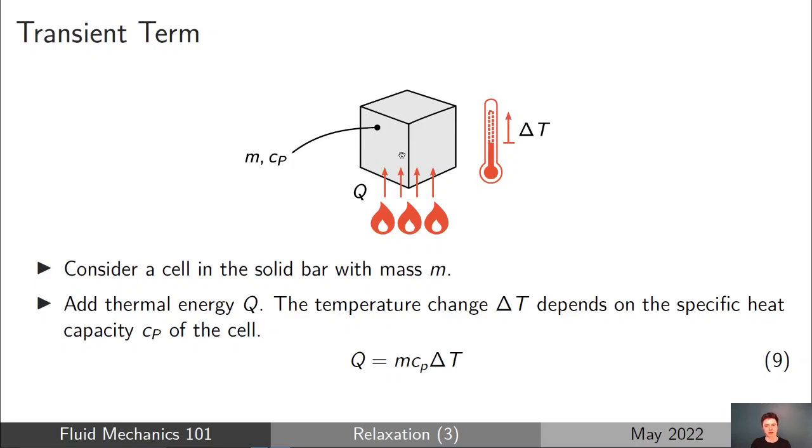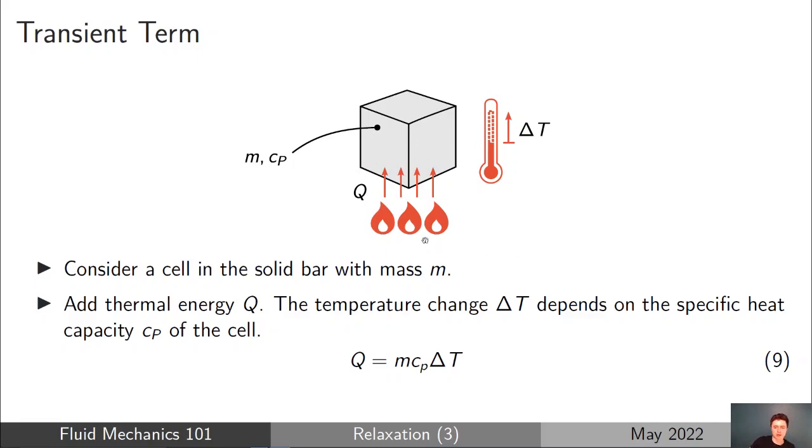And the temperature rise depends on the mass of the cell and its specific heat capacity. So for a material with high specific heat capacity, if you apply a given amount of energy, because its heat capacity is high, its temperature rise will be low.